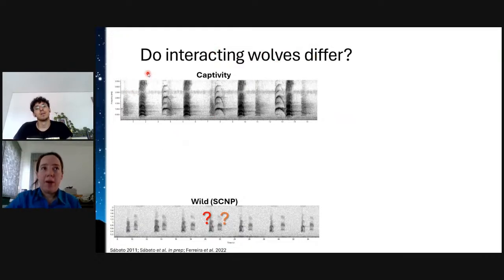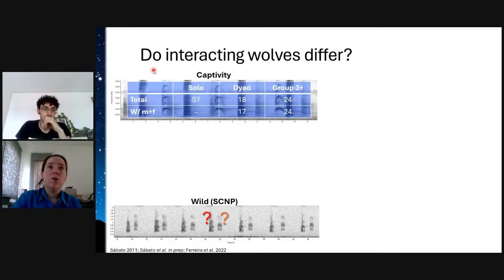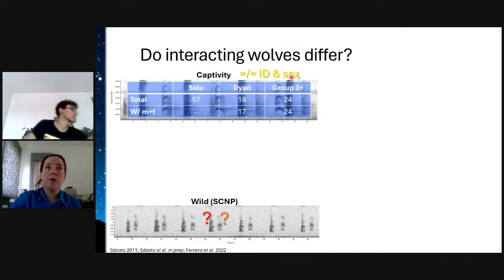Who are interacting? In captivity, we had this answer. You can see that they do differ a lot acoustically, and as I have said, we found that you can discriminate sex and identity through their vocalizations.